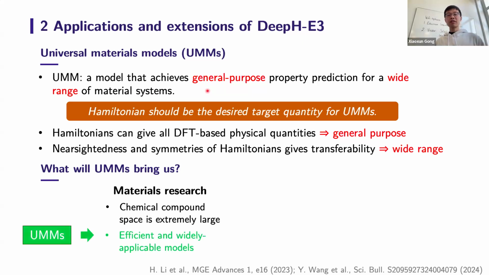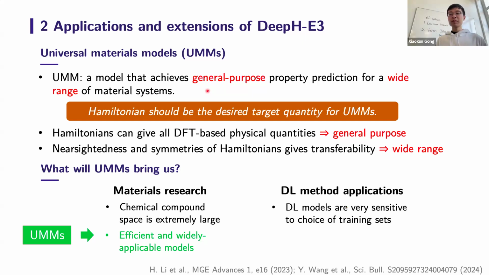So once we have the universal materials models, we can achieve very efficient and widely applicable property prediction and expand our study of chemical compound space by a much larger order of magnitude.